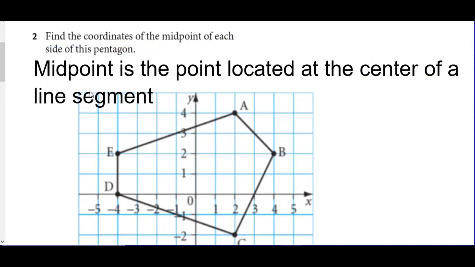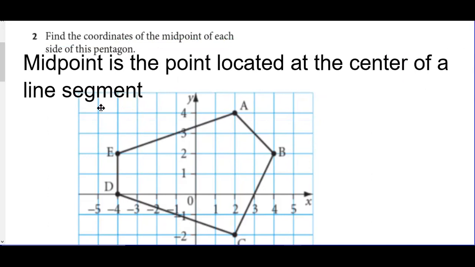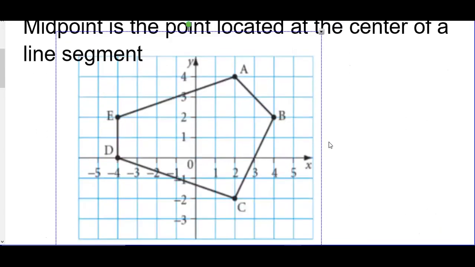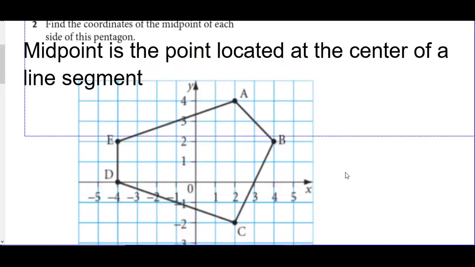Okay? Now, there are 2 ways by which you can apply to find the midpoint of a given line segment. All right? Now, how do we find the midpoint? You can find the midpoint by using either a formula or by drawing a given line on a graph paper.